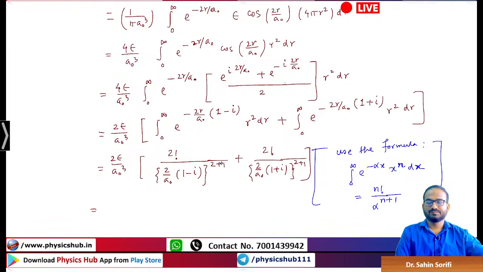2 cube, 1 2 is cancelled, so 2 square and this 2, so this becomes epsilon by 2. A naught cube is cancelling everywhere, so you are left with 1 upon (1 minus i) cube plus 1 upon (1 plus i) cube.